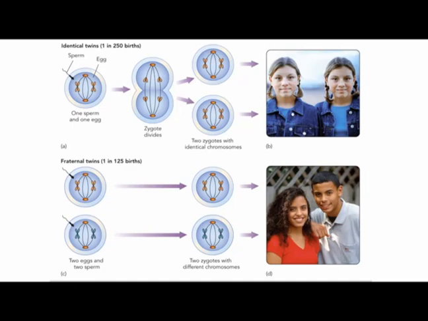But let's start with the diagram on the screen here. And we're going to look at the top where it says identical twins. And identical twins happen in about 1 in 250 births.